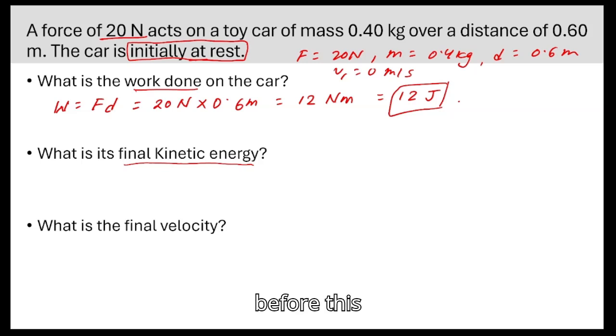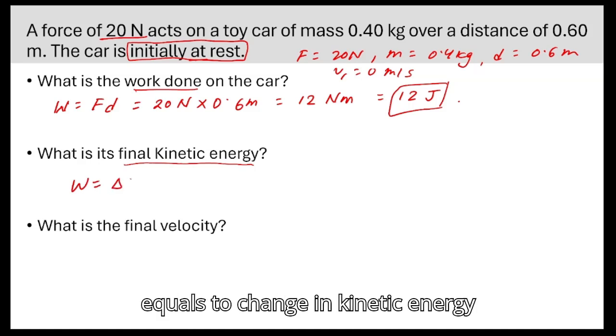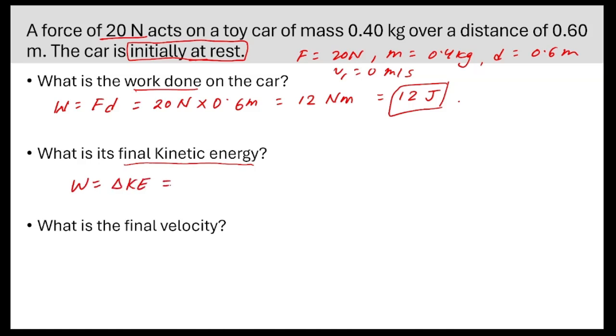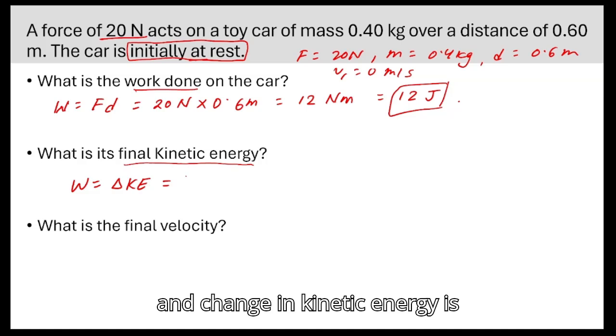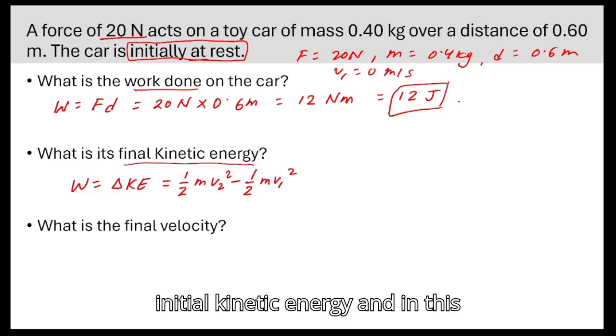The second question is asking what is the final kinetic energy. Just before this slide, we said that work done is equal to change in kinetic energy, and change in kinetic energy is final kinetic energy minus initial kinetic energy.